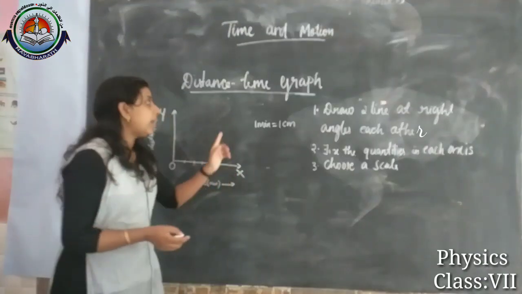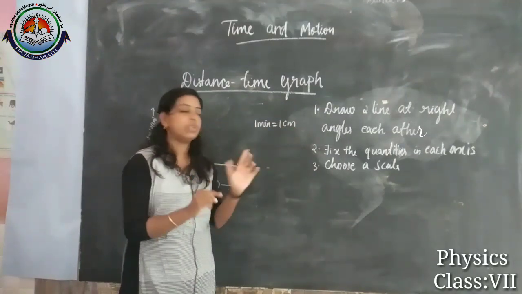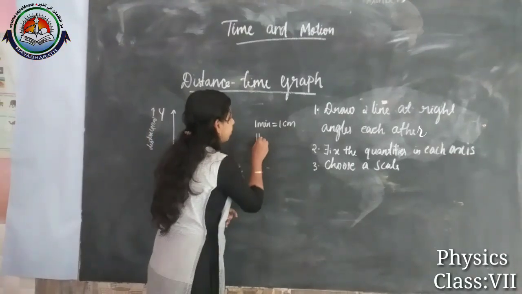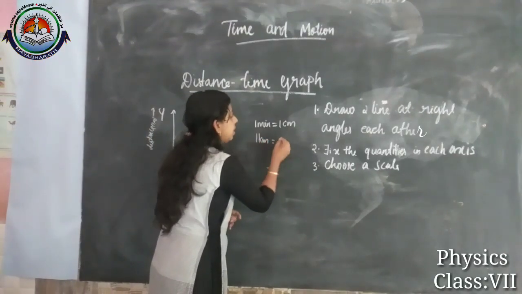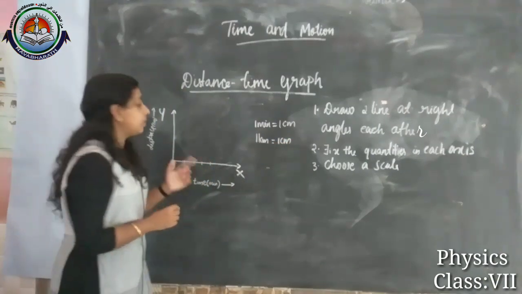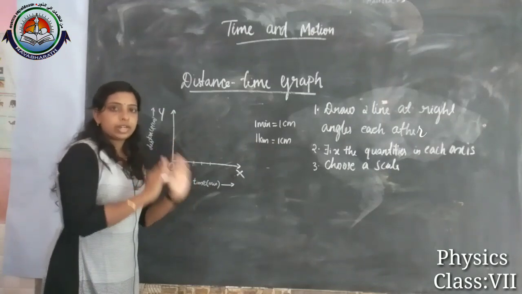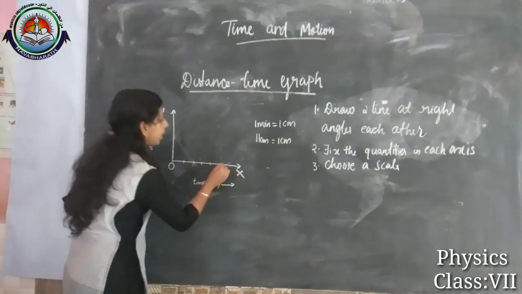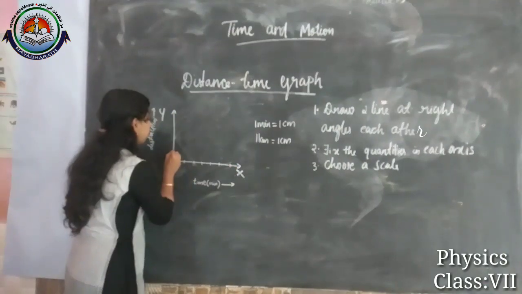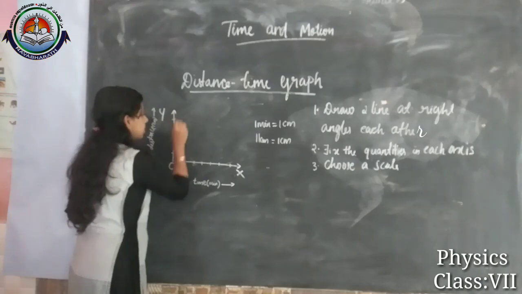So we can consider one complete square side as a length of 1 centimeter, and 1 kilometer also we can write according to this graph paper, it will also equal to 1 centimeter. We are writing these values according to the graph paper. So by using a scale we can note down the points like this.